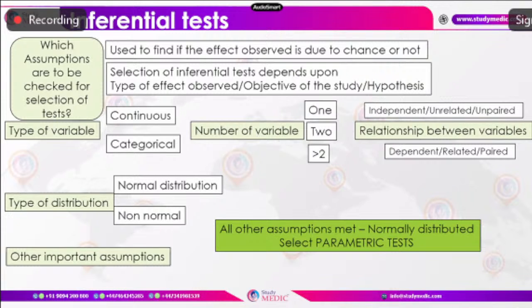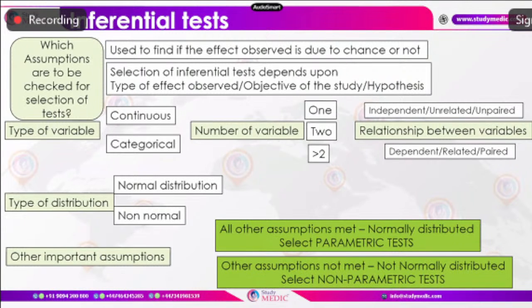If some of the assumptions are not met and the data is not normally distributed, then we select a type of test called non-parametric tests. So there are two types of tests: parametric tests, which are selected when all other assumptions are met and the data is normally distributed, and non-parametric tests, which are selected when assumptions are not met and the data is not normally distributed.